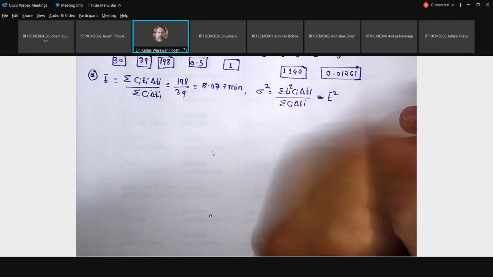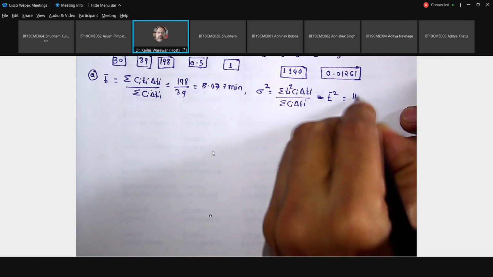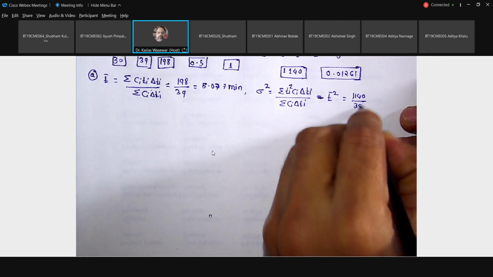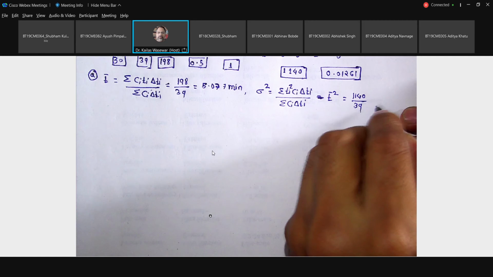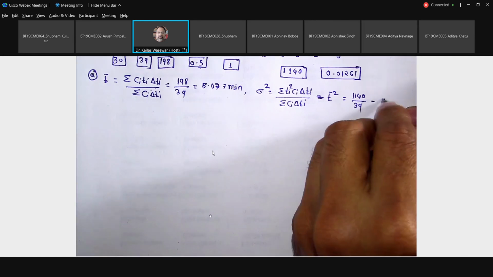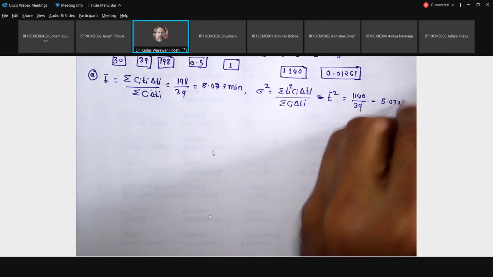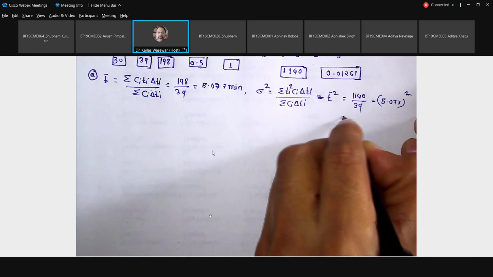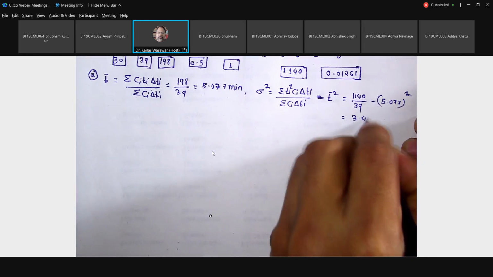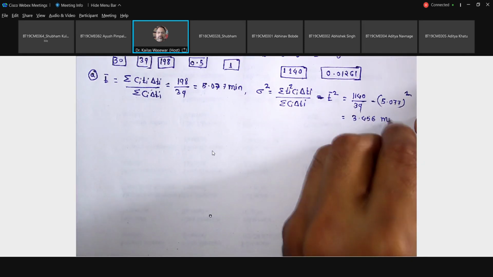So this will become 1140 divided by 39 minus 5.077 whole square, remember, and this is coming to be 3.456 minutes square.